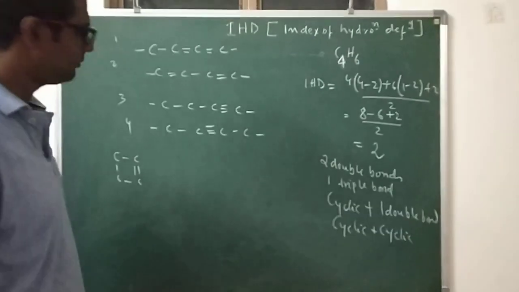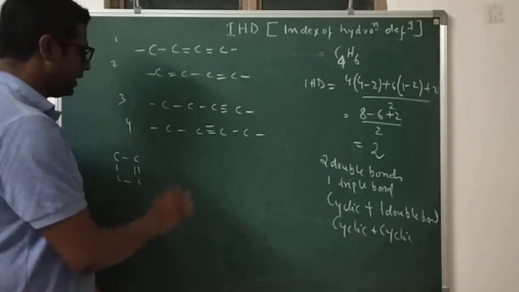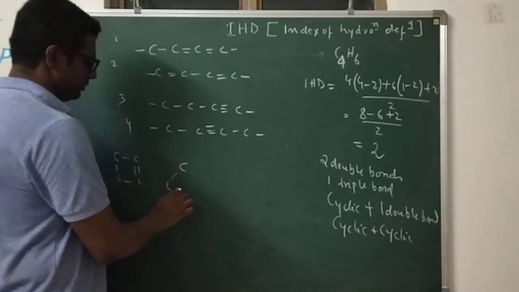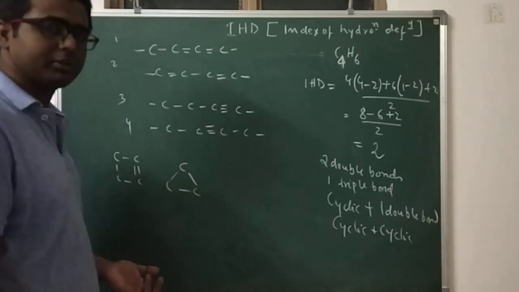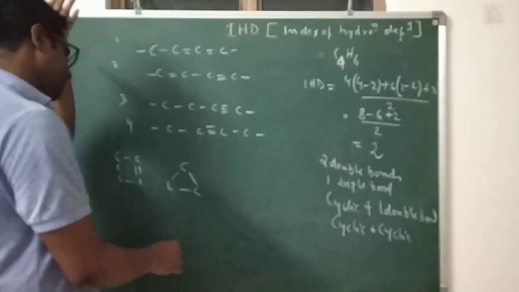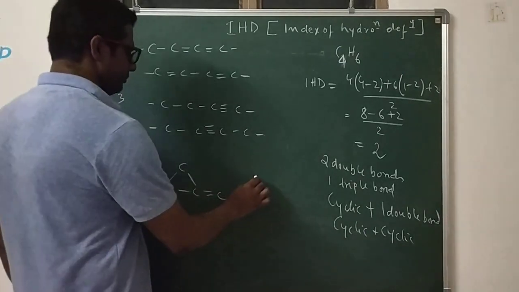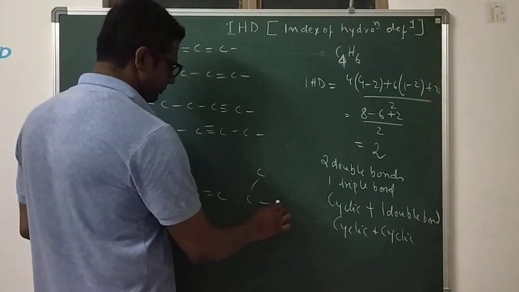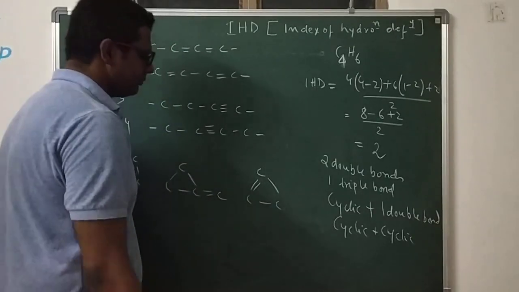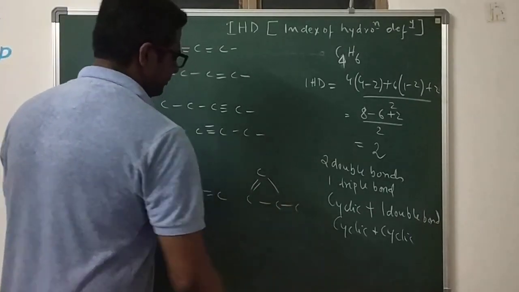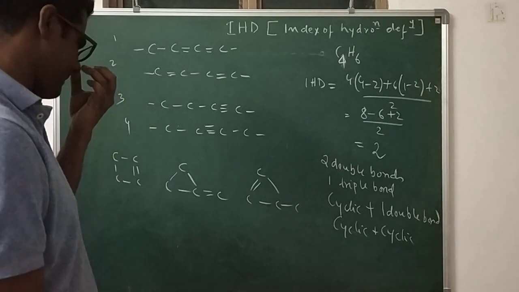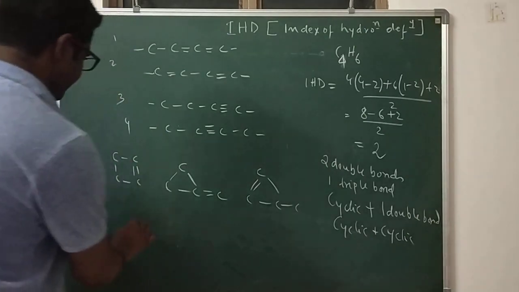There is one possibility. Now let us form a cycle with 3 carbons. This is also possible. So here you can go for this one, or this one is also possible. Okay? This is also possible.